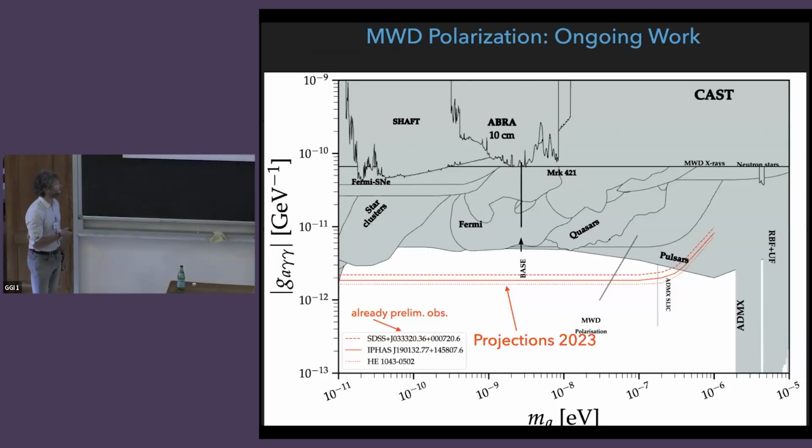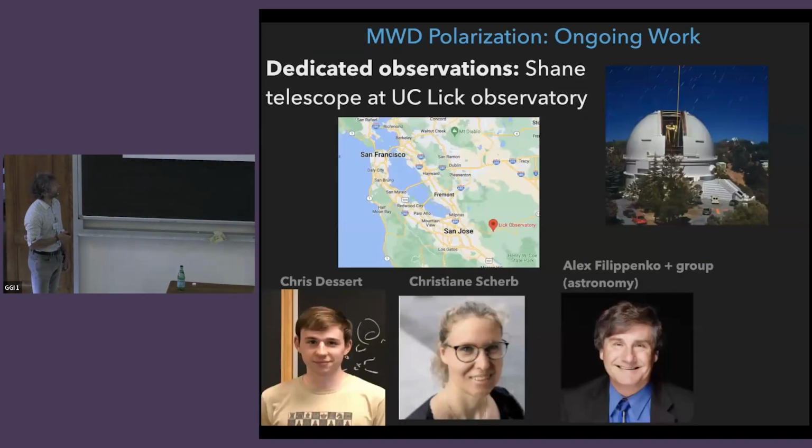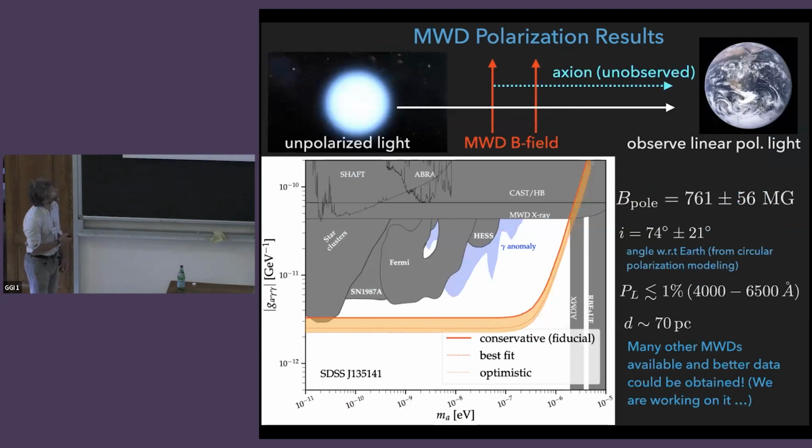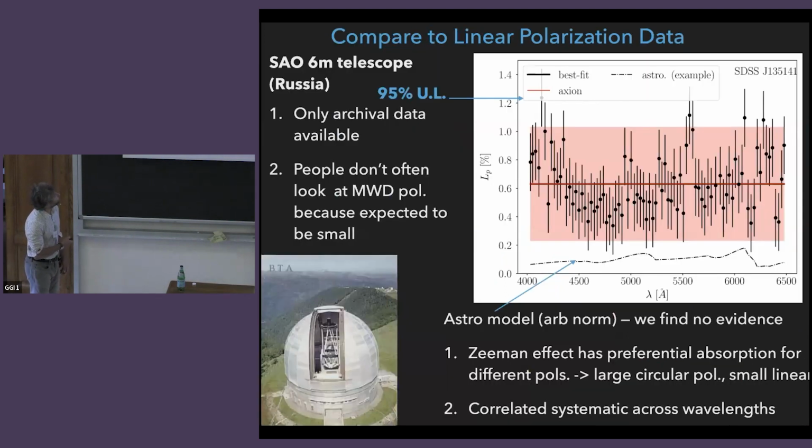And that's harder. So I showed you here what our template is for the astrophysical emission. You can see it has a lot of features. These features come from different bound-free transitions, because hydrogen is inducing the linear polarization, and hydrogen has absorption lines.